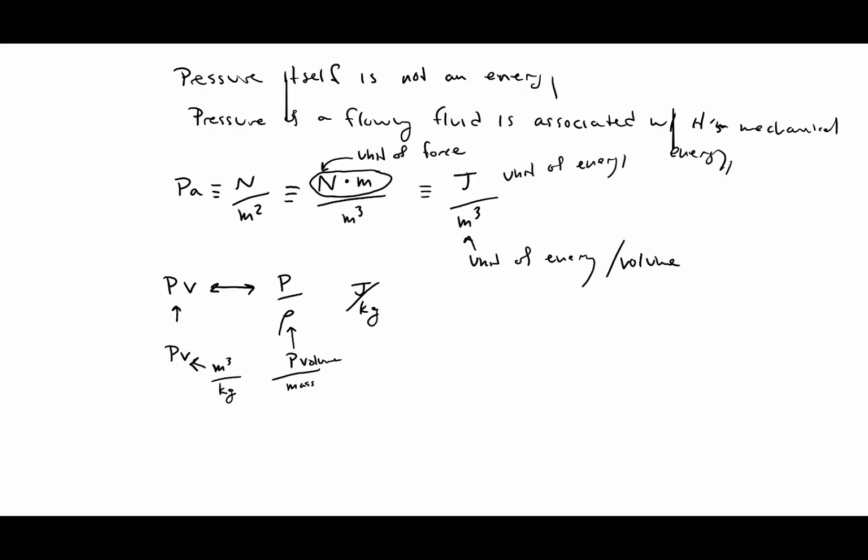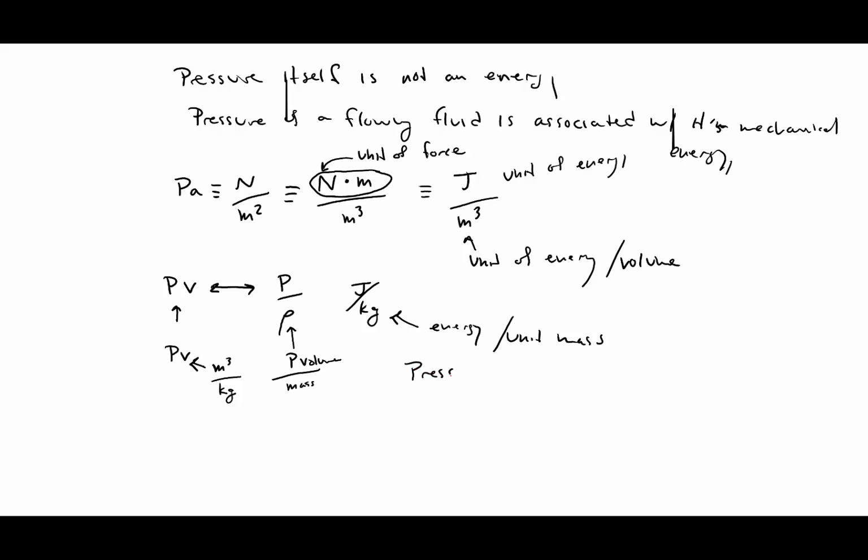So Pv and P over rho are equivalent, and this has units of joules per kilogram, so this is energy per unit mass. This is the pressure force acting on a fluid through a distance per unit mass.